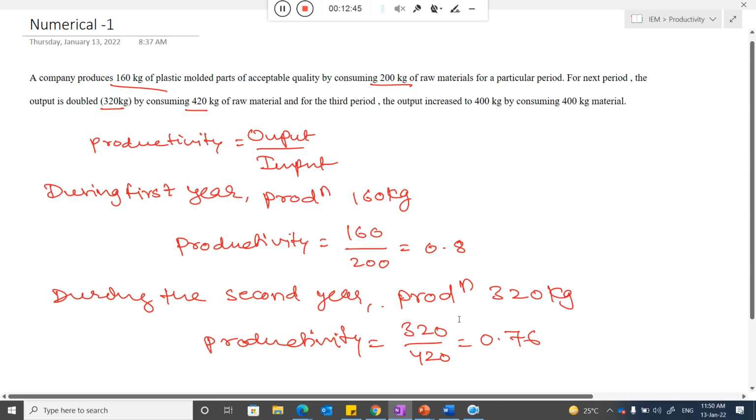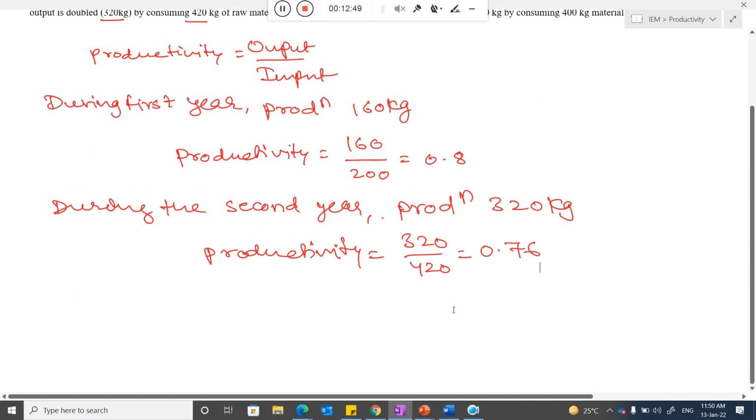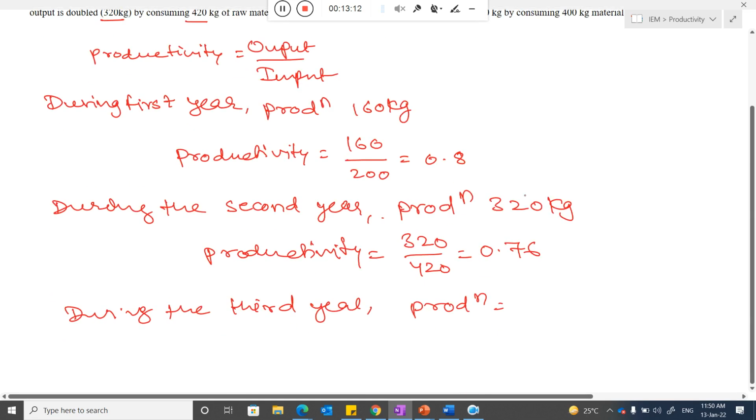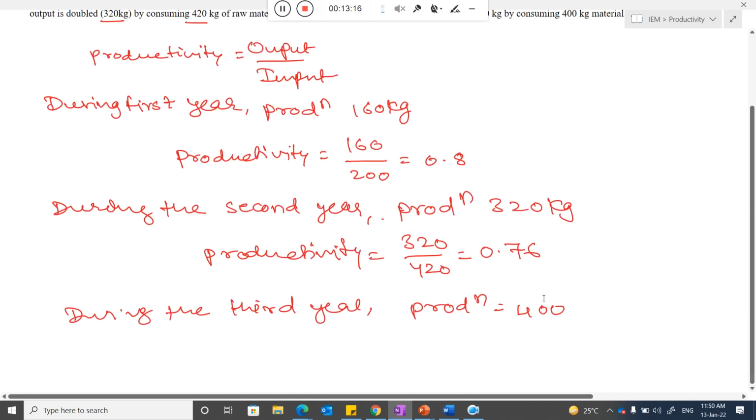Right? Okay, I will quickly do it for the last year. During the third period, or you can say the third year, the production is 400 by consuming 400 kg of material.